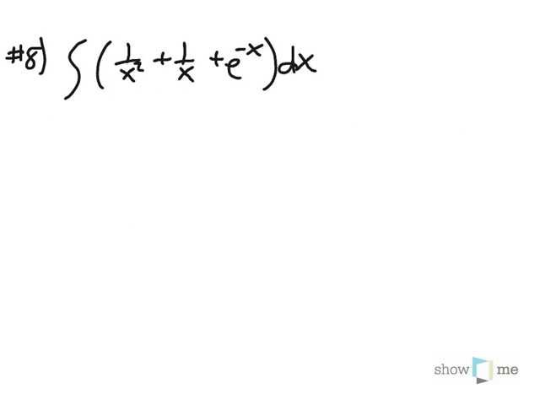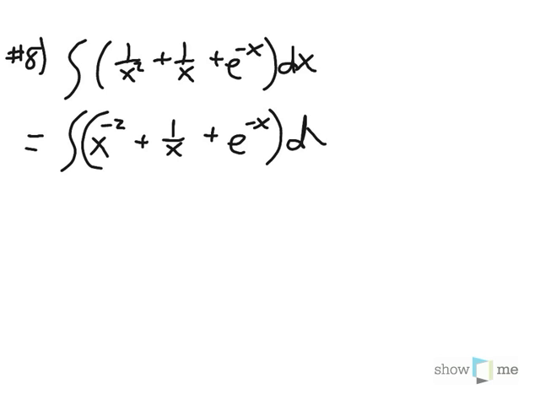Number 8, 3 terms. Integrate each term separately. So 1 over x squared, I'm going to rewrite it as x to the negative 2. Same thing. 1 over x, I'm going to leave it that way. You could write it as x to the negative 1. And then e to the negative x, I'm going to leave that way as well.